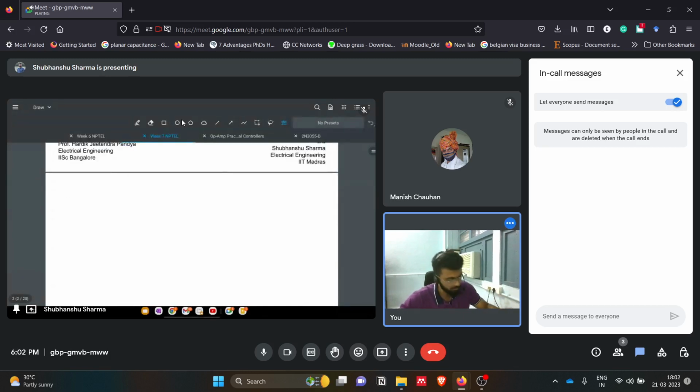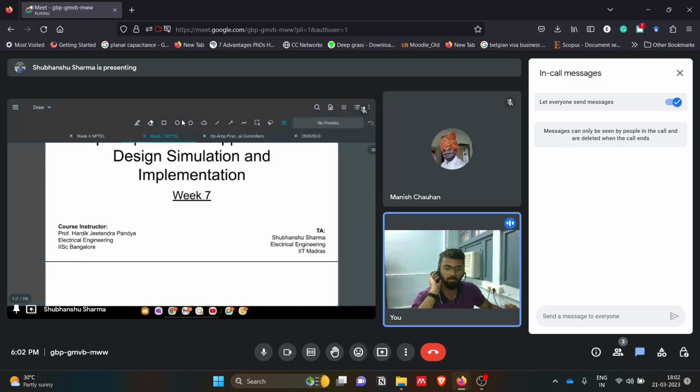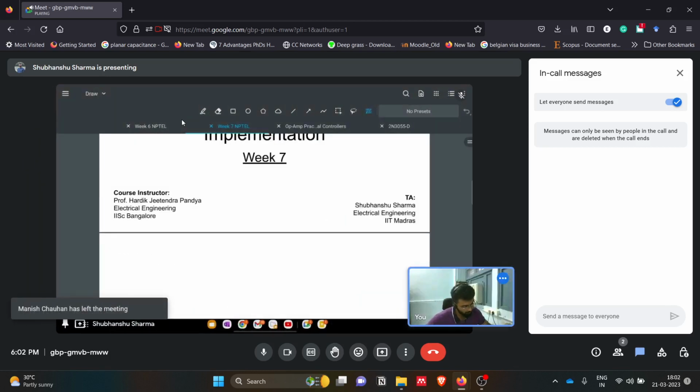So we'll start with that, and we'll go through the control system and the feedback circuit. Then we will slowly realize each and every block using opamps. Then we'll go deeply into some of the blocks being taught in week seven, like the heating circuit and controllers.